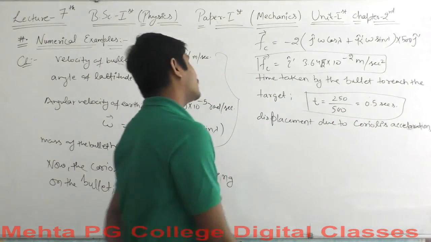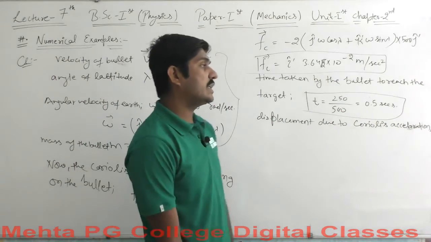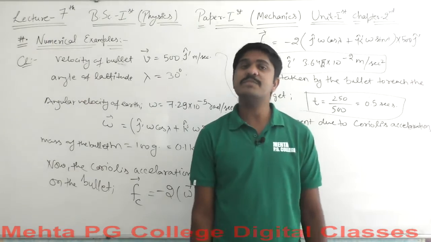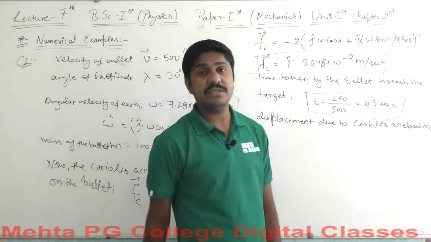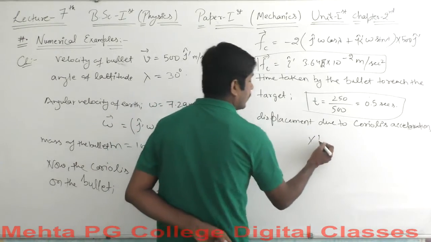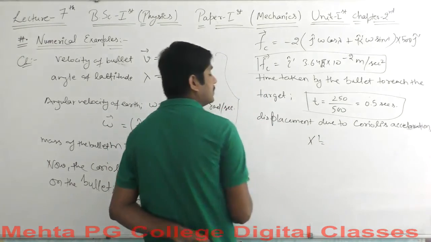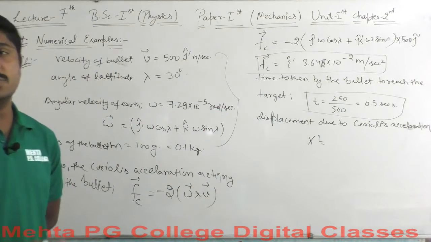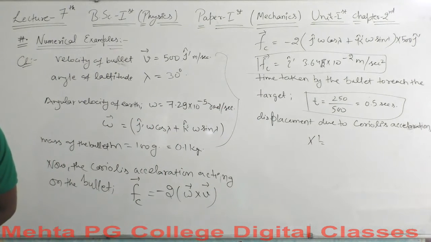You remember that the bullet is going in the northward direction, so there must be a displacement in the eastern direction. That's why we use the axis x dash here. We will talk only about the x dash axis, since we wish to go towards the eastward direction. So what should be the value of x dash?